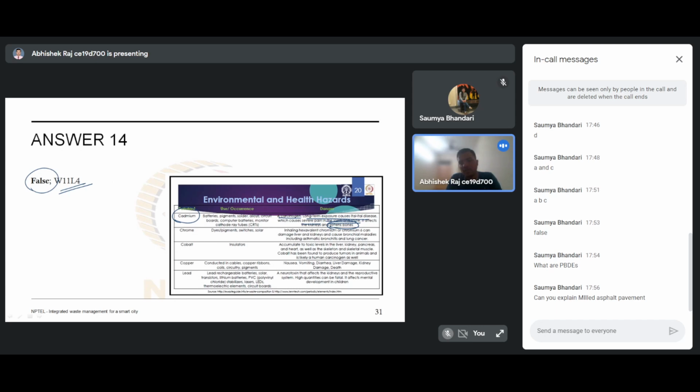It basically grinds the pavement. The pavement material gets ground out, and then it also mixes fresh bitumen into it. It uses the same bitumen of the road and mixes fresh bitumen with it to add strength, and then it again lays it over the pavement. That is called milling, so it is called milled asphalt.